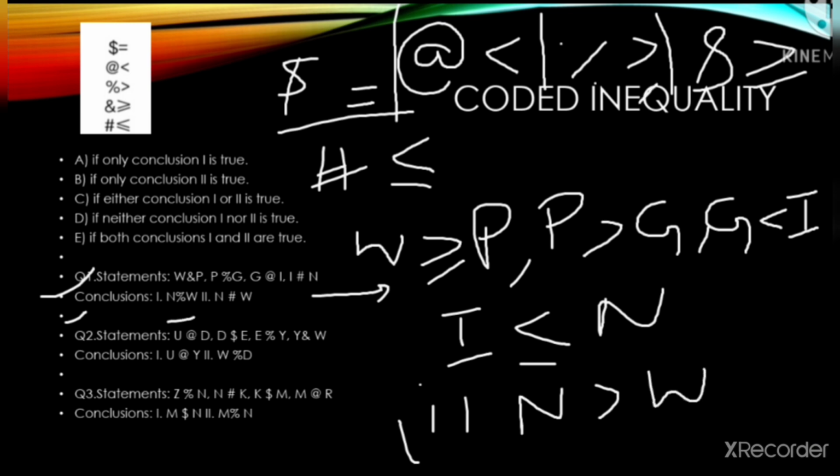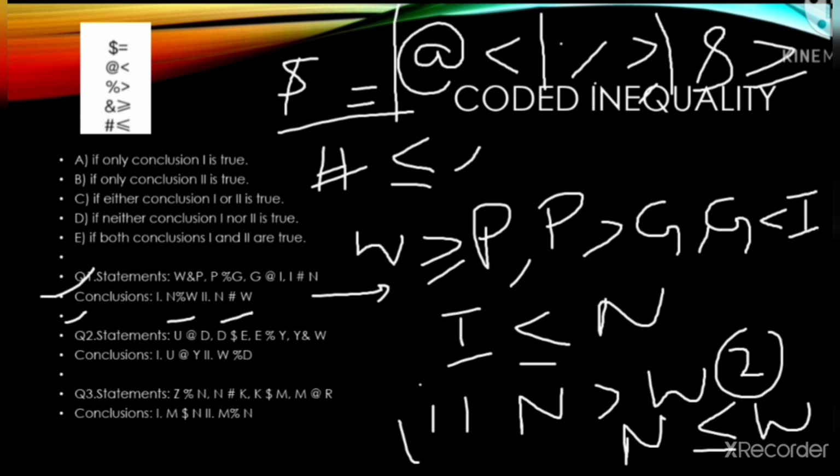Next, the second one is N greater than or equal to W, because N hashtag W, and hashtag means smaller than or equal to. So as we are always solving the inequality questions, in the same way we need to solve these particular questions also after the decoding.